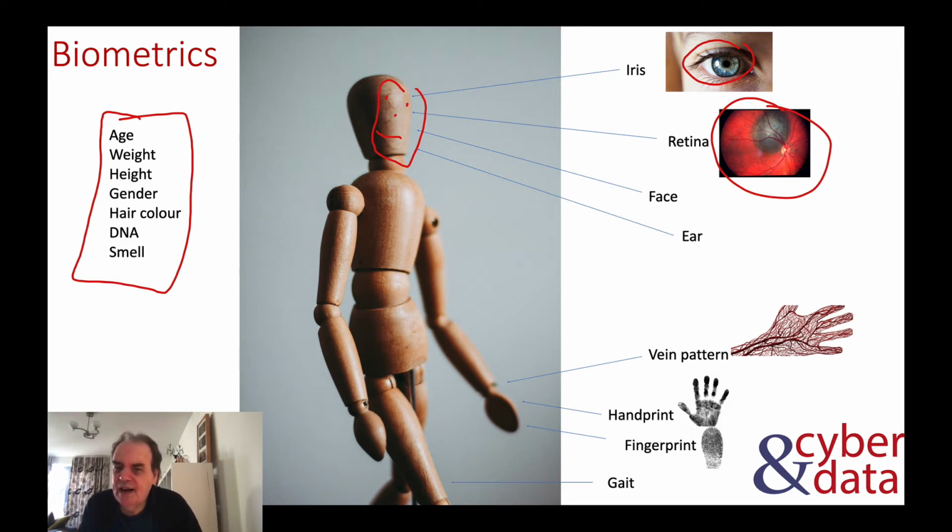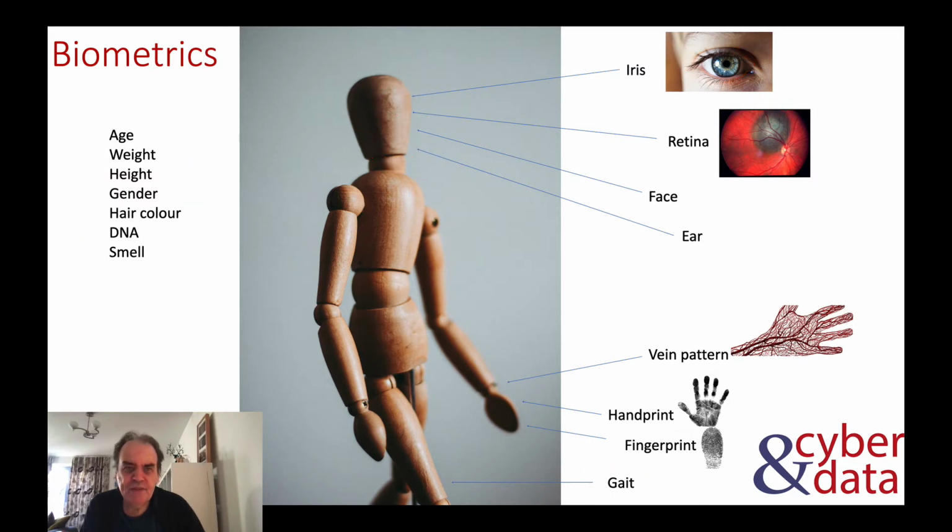Fingerprints, as we know, are obviously a method of identifying a person, but gait too, and the way that we walk, is actually also fairly unique. Okay, so there are many different methods that we might use for biometrics, but in this presentation we will look purely at facial recognition.